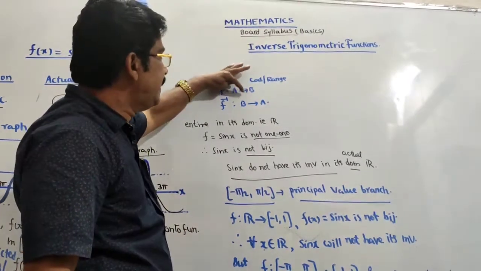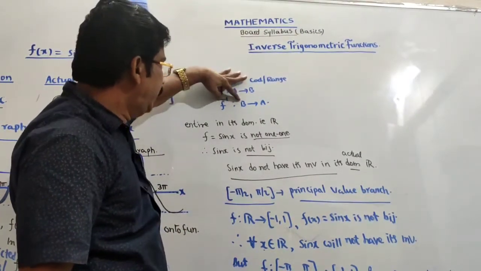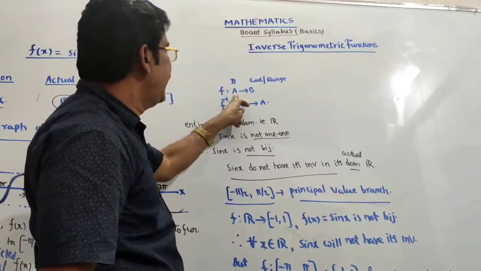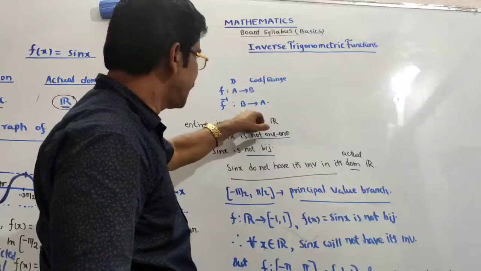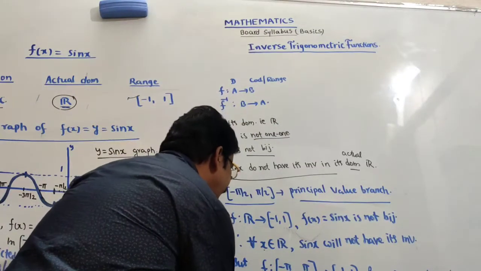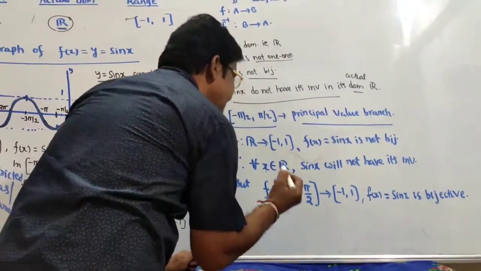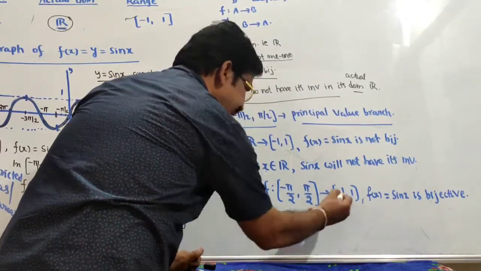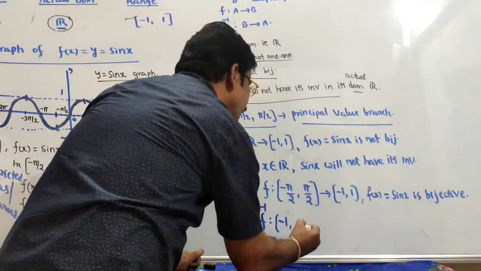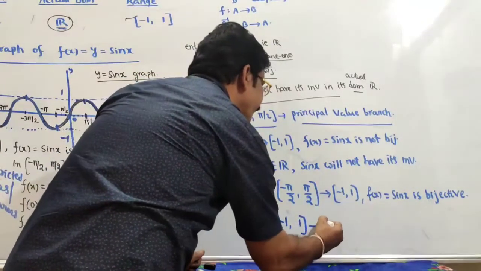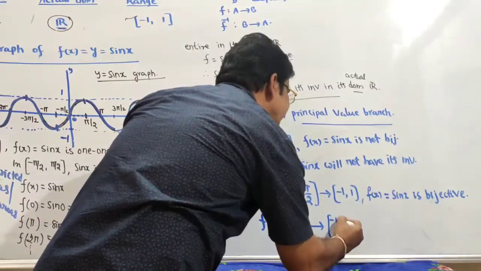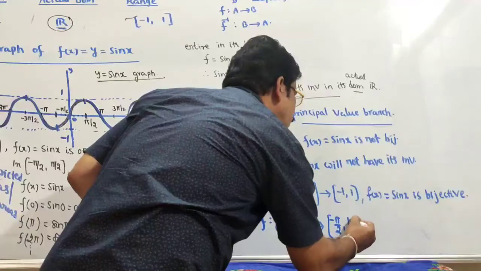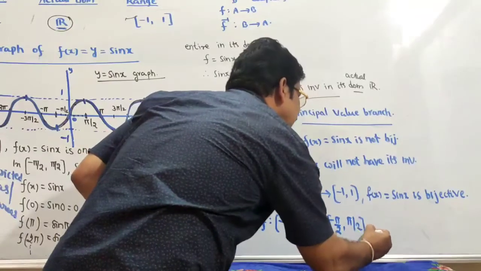The codomain or range will become the domain of the inverse function, and the domain will become the range or codomain of the inverse function. In the same sense, for f inverse, this range becomes the domain, and its domain becomes the range, the closed interval of minus pi by 2 to plus pi by 2.